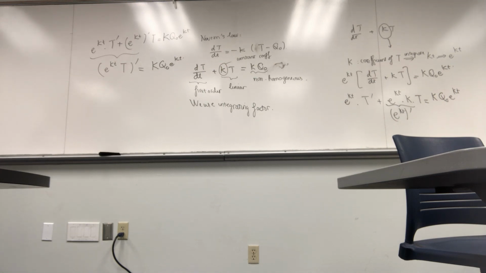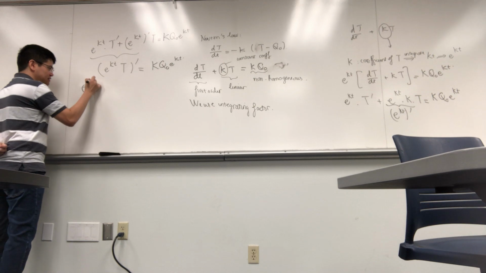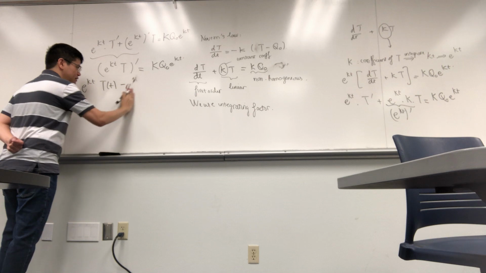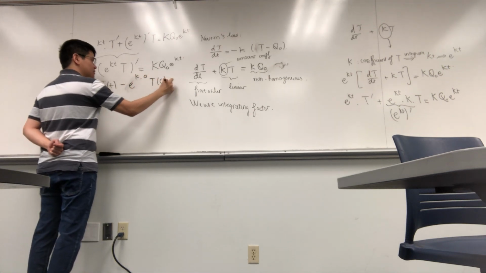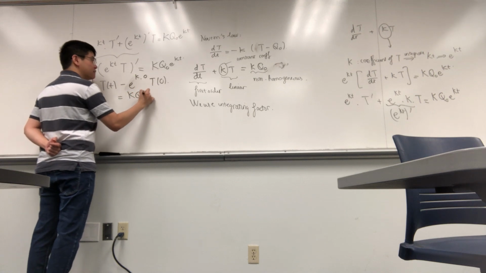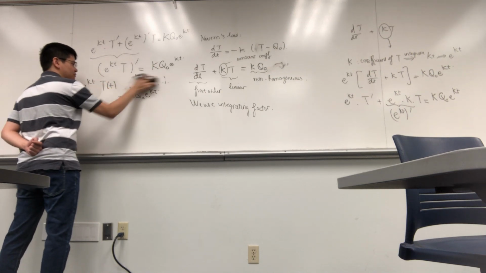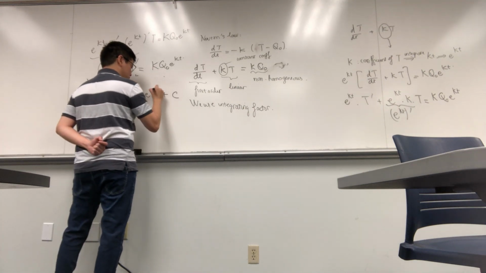Now what should we do next? Now you're going to integrate both sides, all right? On the right-hand side, the antiderivative of k Q0 e to the kt is Q0 e to the kt, plus a constant c, right?